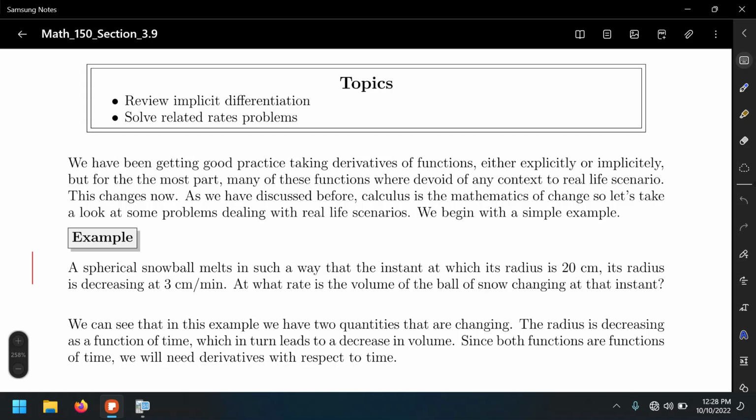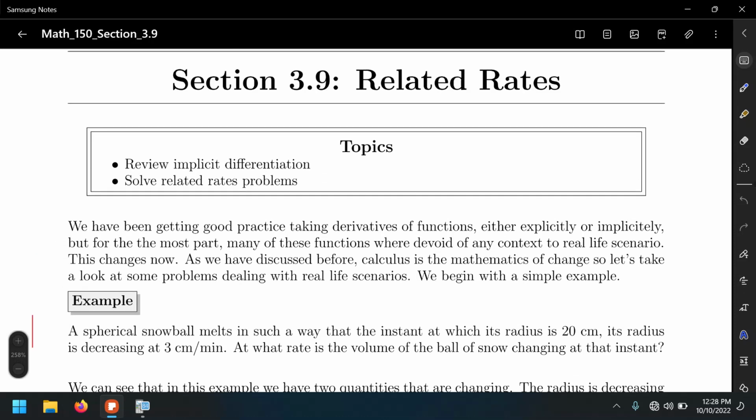Yes, right. So, okay. Related rates, another application of derivatives. We already did a basic application in which we just relate the rate of change of the dependent variable with respect to the independent variable.